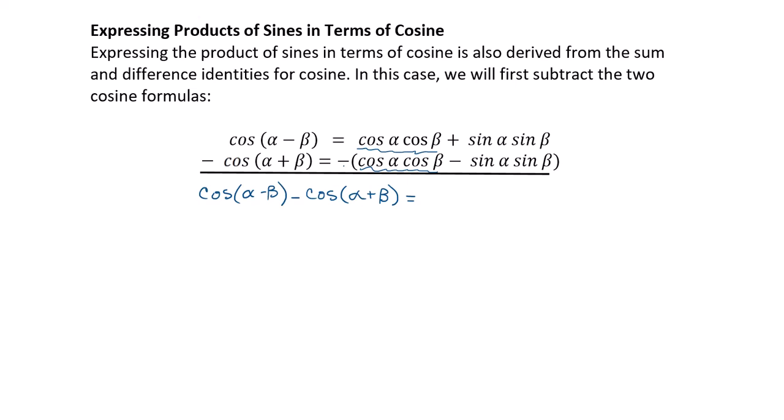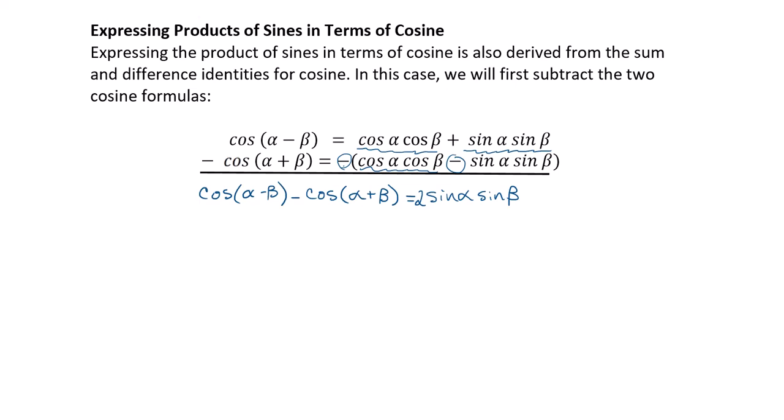And then I have the sine of alpha, sine of beta, and I'm subtracting a negative sine alpha, sine beta, so I'm actually adding a sine alpha, sine beta, which gives me 2 sine alpha, sine beta.